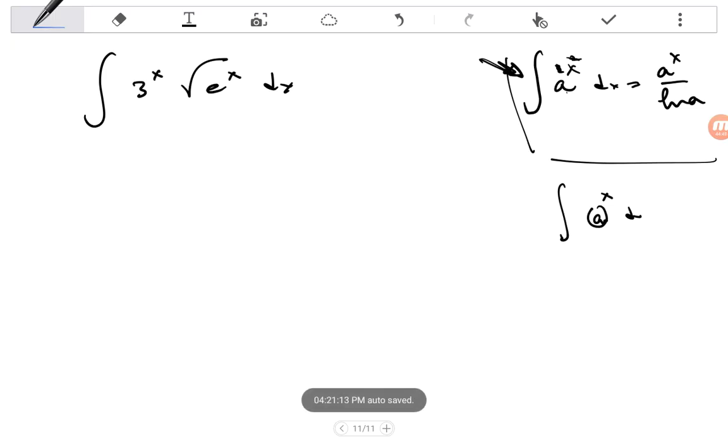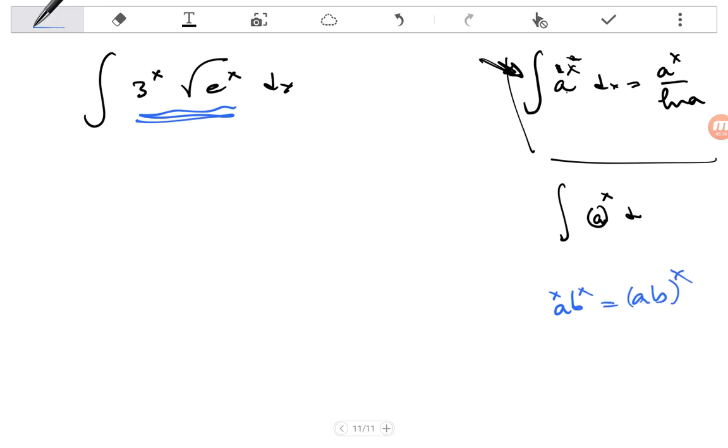Now, with the mathematical skills that I've learned before, can I manage to put this in the form of a constant power x or not? Yes, you can. I learned before that a power x times b power x is ab all power x. And also if I have a power x all power y, that is a power xy, which can also be written as a power y all power x.